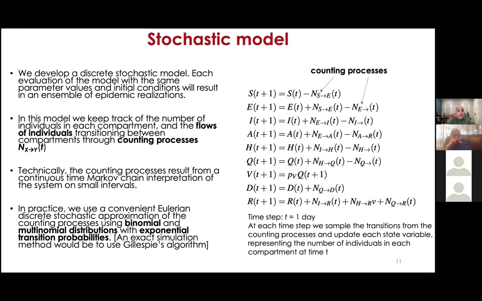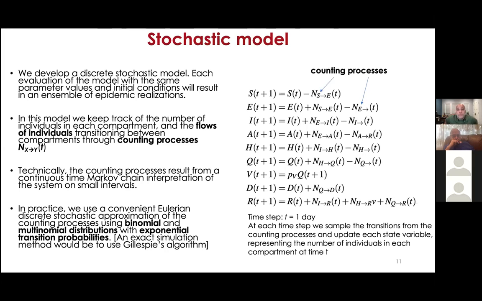So we take that set of differential equations, and it's a deterministic model that we can implement. But what we want to do is allow for the stochastic nature of the data that we're observing, not following an exact process of the differential equations. We also have small counts at various times in this model, so it's preferable to use a stochastic model.